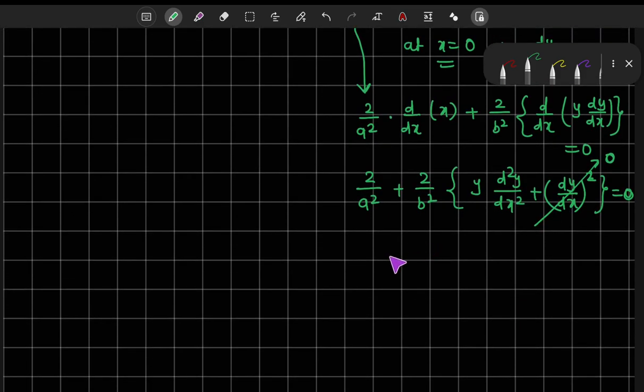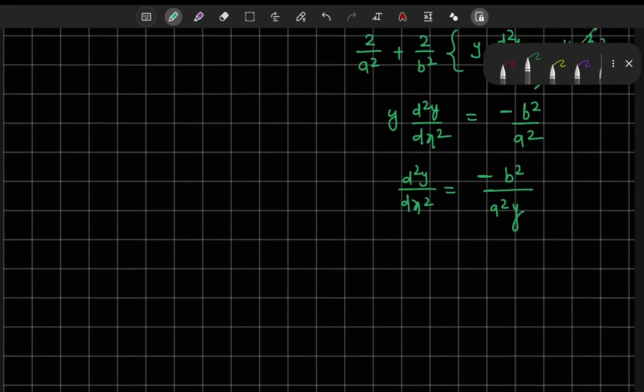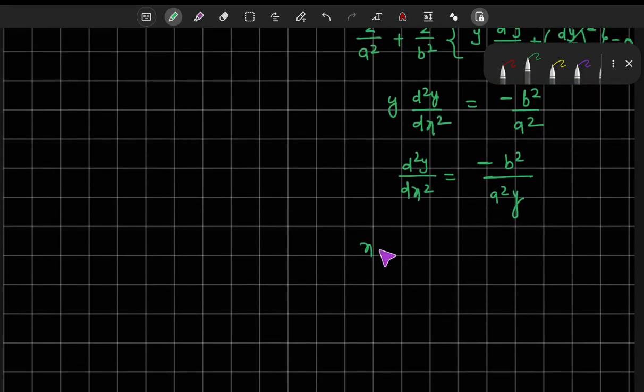So from here we will get y into d square y upon dx square is equal to minus b square by a square. So we will get d square y upon dx square is equal to minus b square upon a square y. Okay, and we have found out that at x is equal to 0, y is equal to plus minus b.